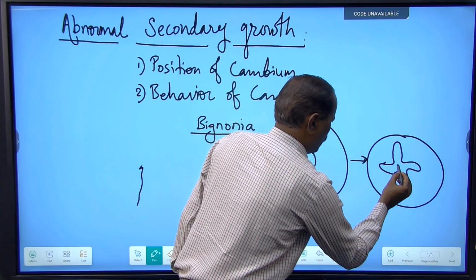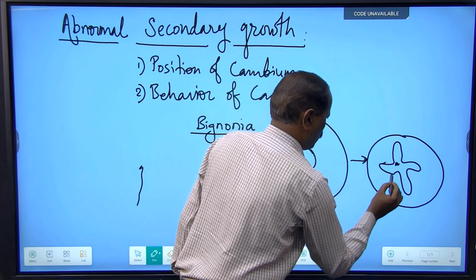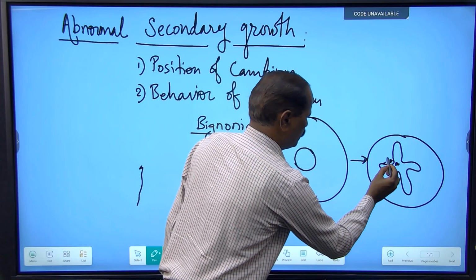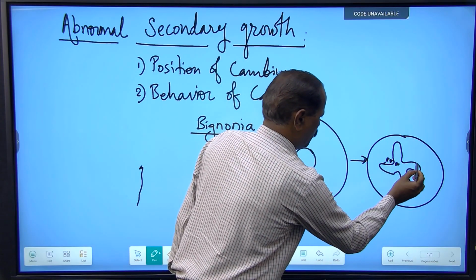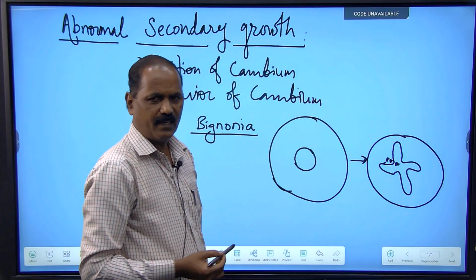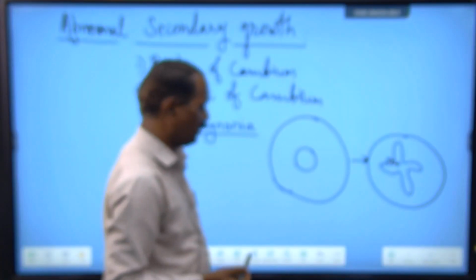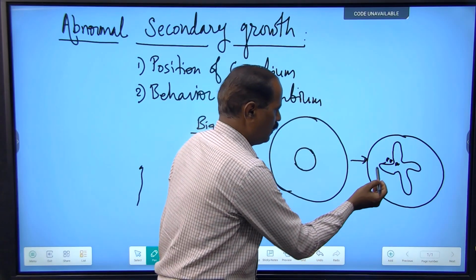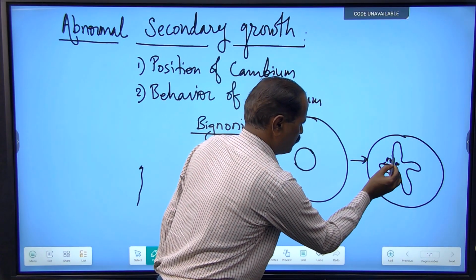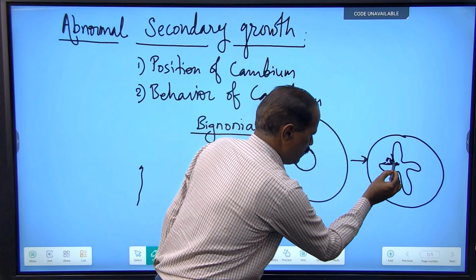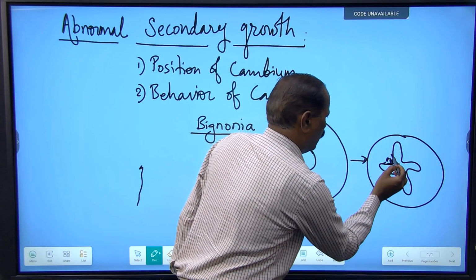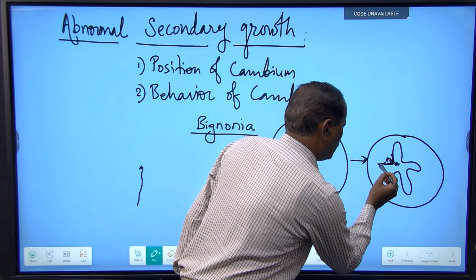Now, initially the primary xylem is over here, the primary phloem is here, and due to such a wave-like or wedge-like appearance of the vascular cambium, this region produces less xylem toward this side, and likewise the phloem from this region.